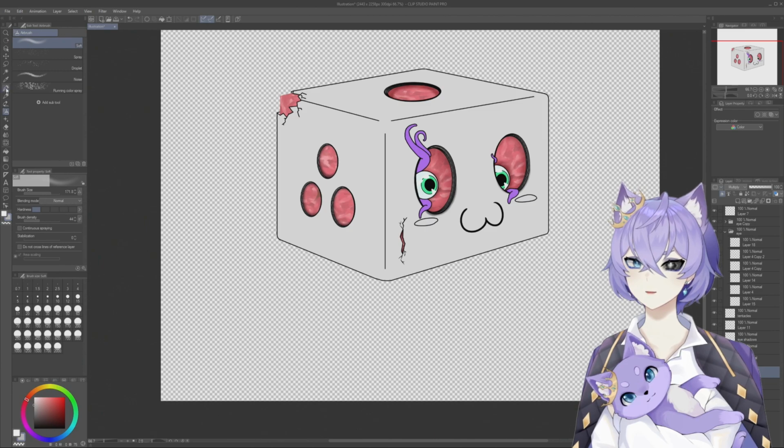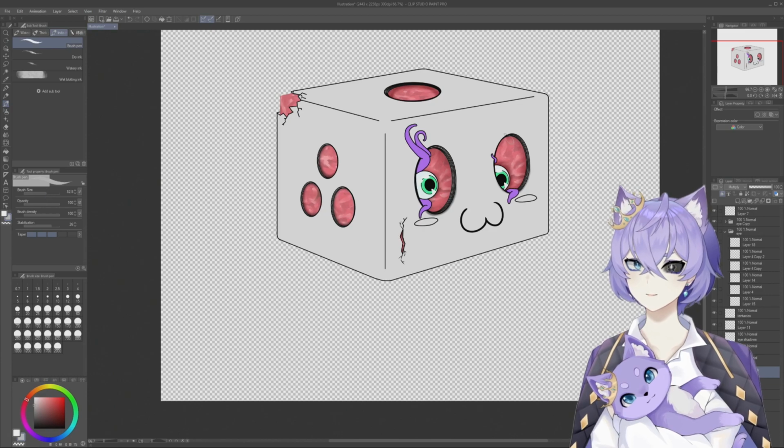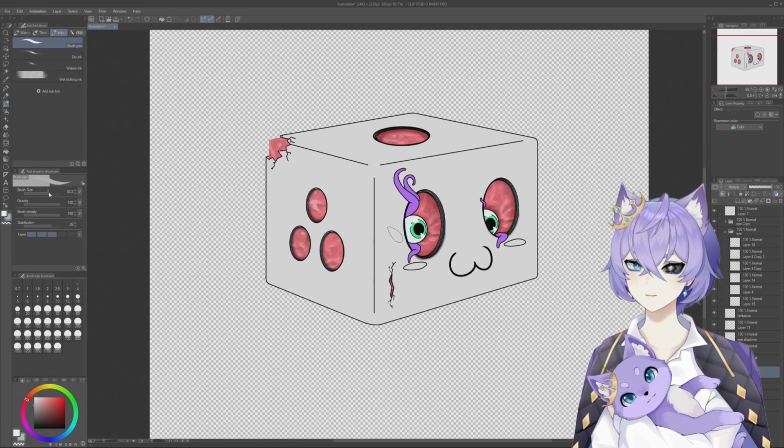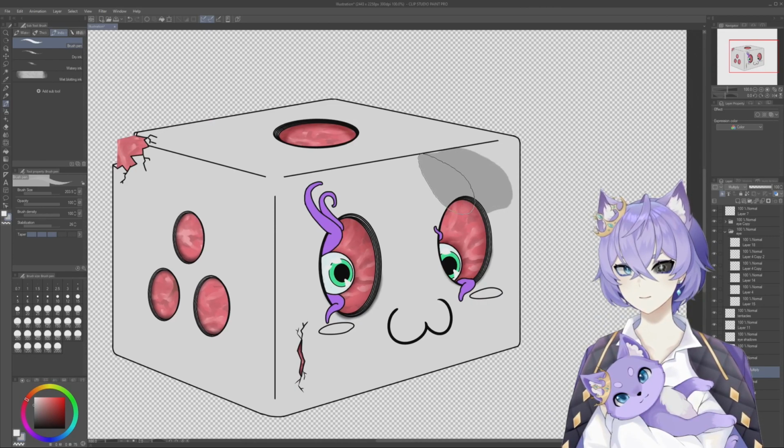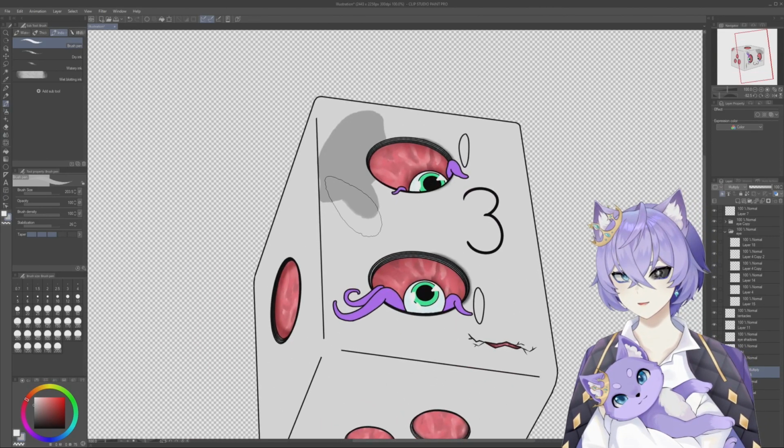Let's go with a hard brush instead. India ink. Go hard on this brush. And we're just gonna very carefully paint in this side.